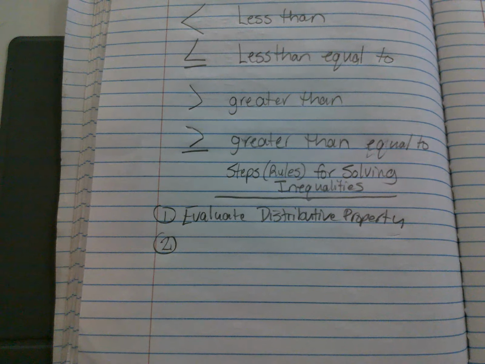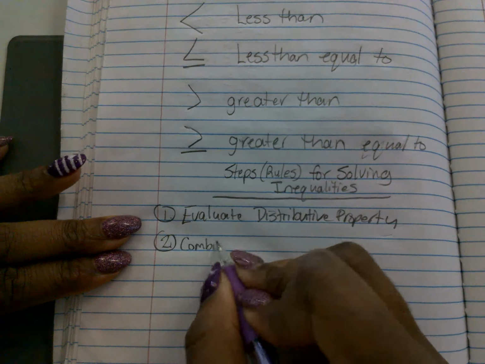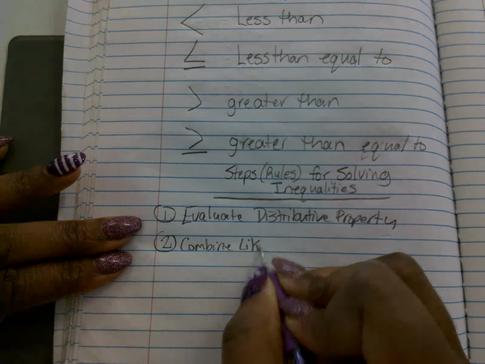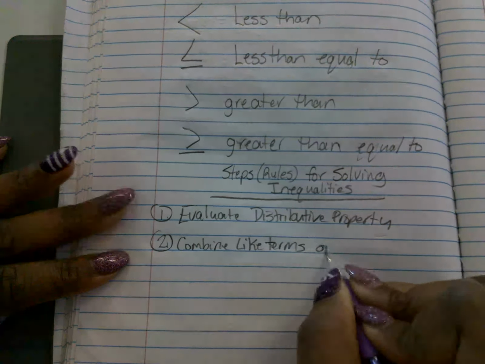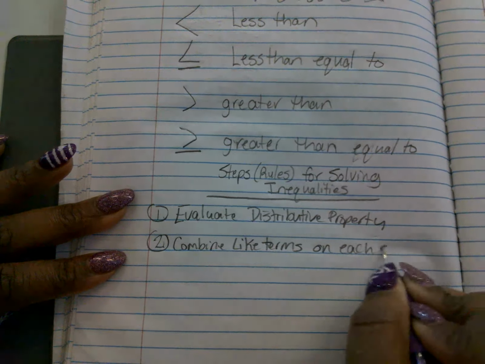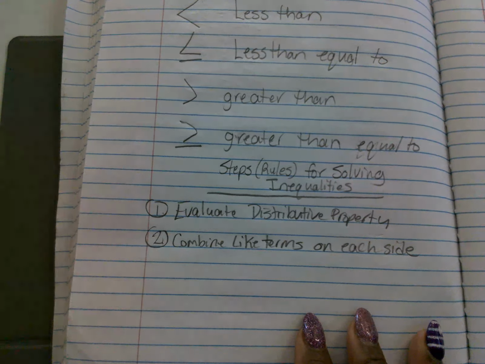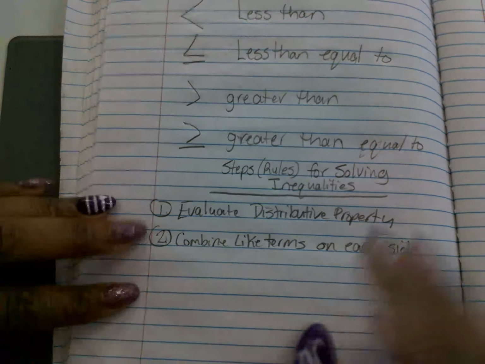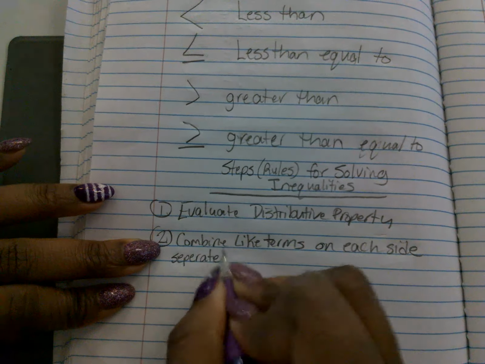Secondly, you're going to combine like terms on each side of the inequality separately. Don't move anything just yet.